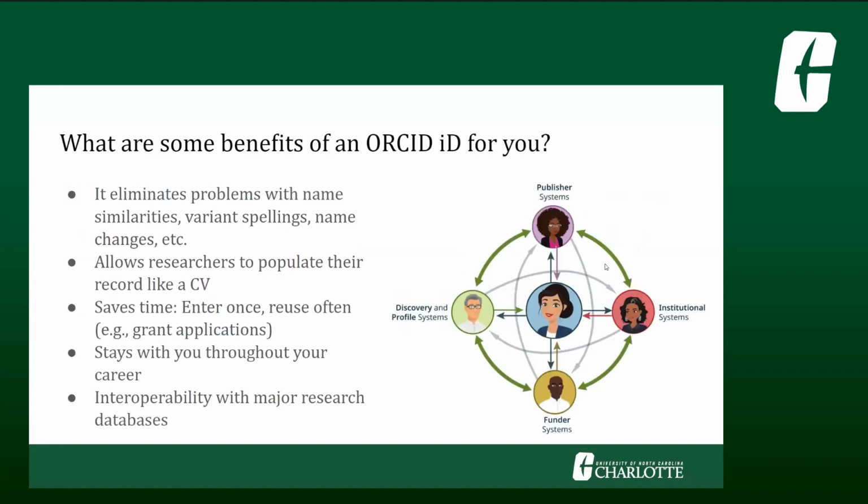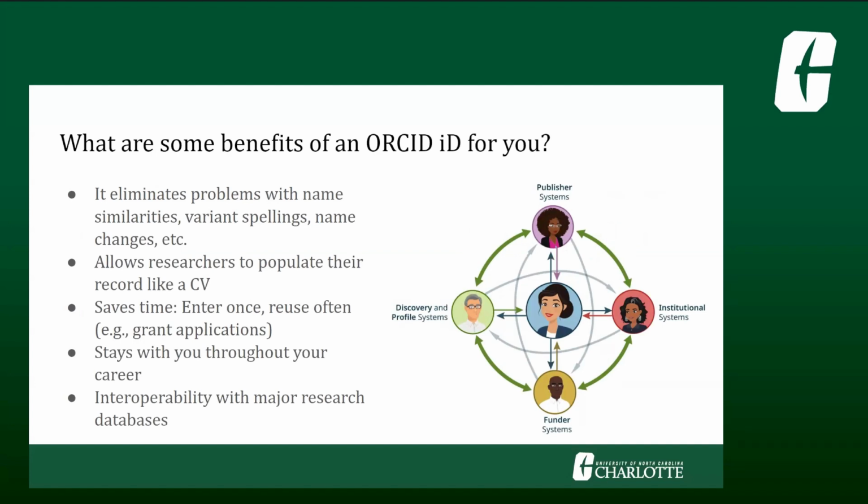So how does having your research activity tied to a number benefit you? It will eliminate same name confusion if another researcher with the same name as you is publishing work. ORCID integrates with a wide range of websites and software, so you can populate your research record into forms and save yourself time when doing grant applications, for example.